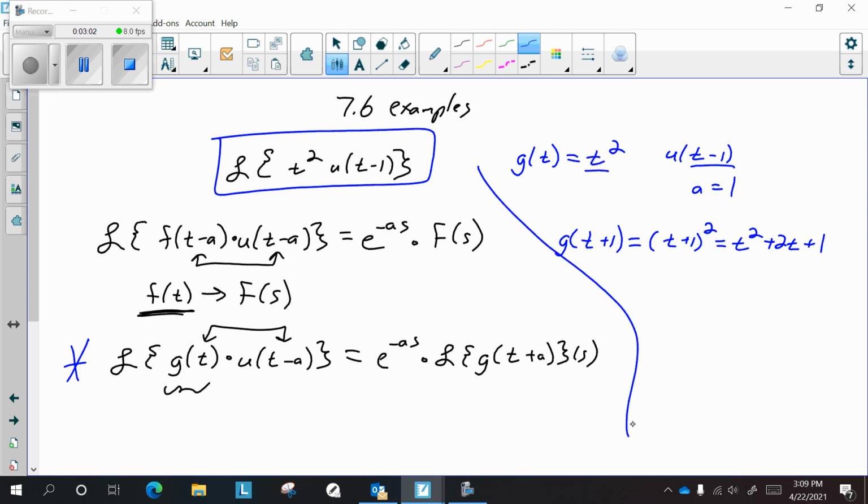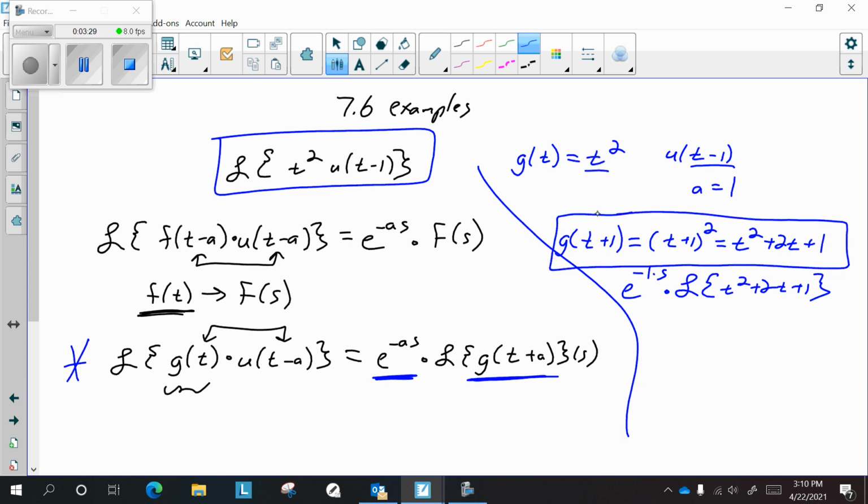So our transformation is going to be e to the negative a times s times the Laplace transformation of this function, t squared plus 2t plus 1. That's what this says here, e to the negative as. Once we have added our variable and computed g of t plus a, we transform that.